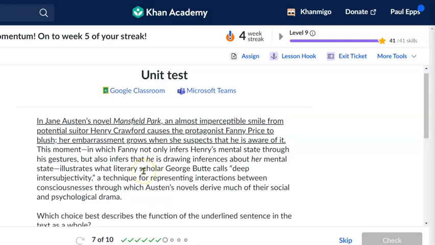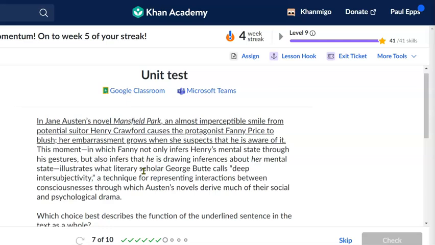In Jane Austen's novel Mansfield Park, an almost imperceptible smile from a potential suitor, Henry Crawford, causes the protagonist, Fanny Price, to blush. Her embarrassment grows when she suspects that he is aware of it.